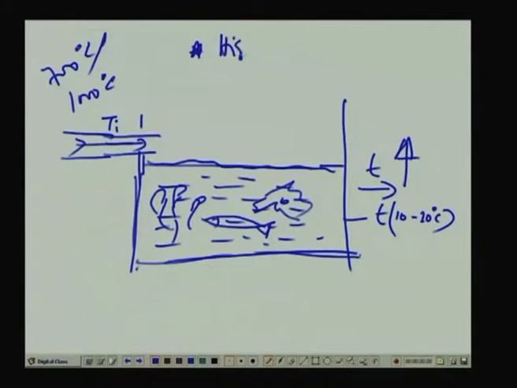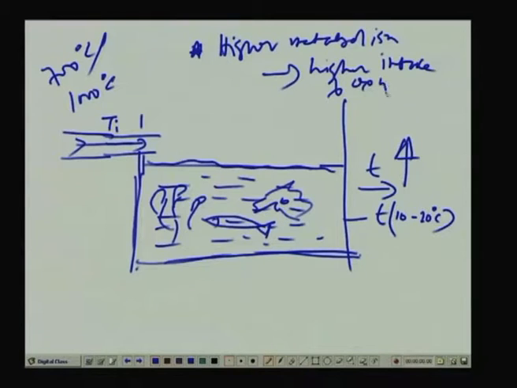Higher metabolism means higher intake of oxygen, and as a result, the oxygen depletion would be at a faster rate, a higher rate of oxygen depletion.